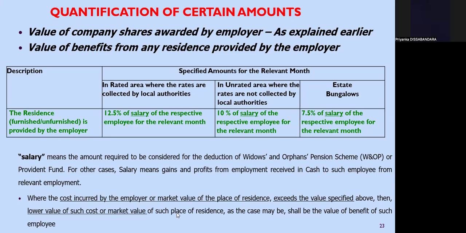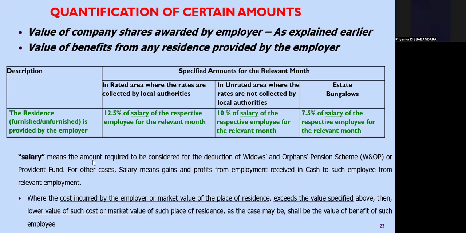Do you understand this? That means, for a rated area, we take 12.5% of the salary. If it is an unrated area, 10% of the salary. If it is a state bungalow, 7.5% of the salary. But sometimes, if it is a very rural area and the salary is very high, 12.5% of that salary means a very huge amount.